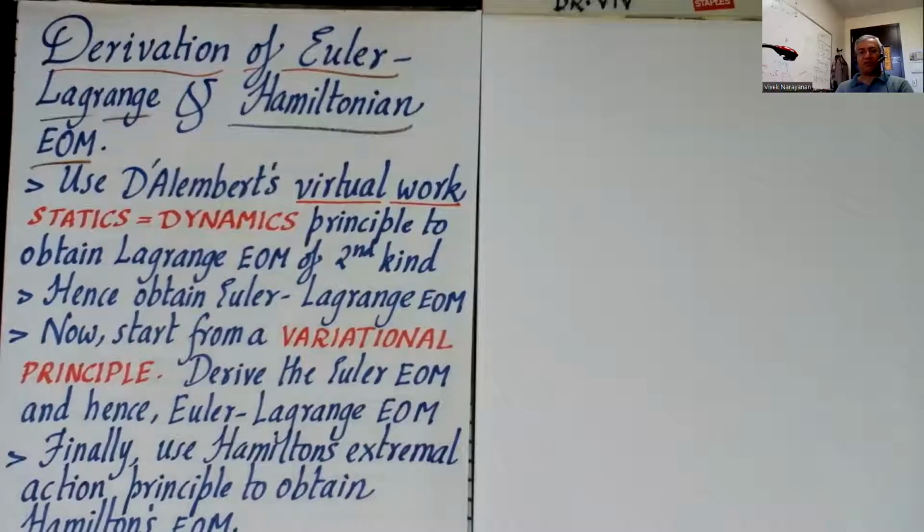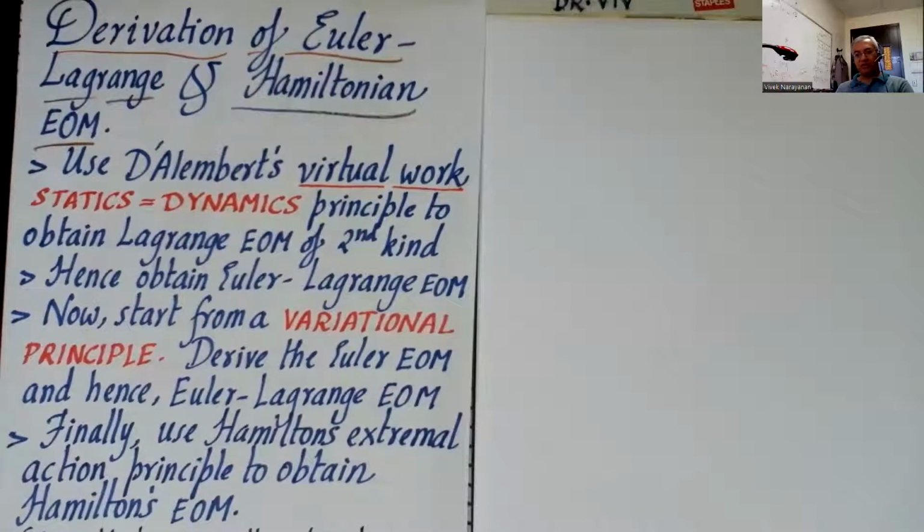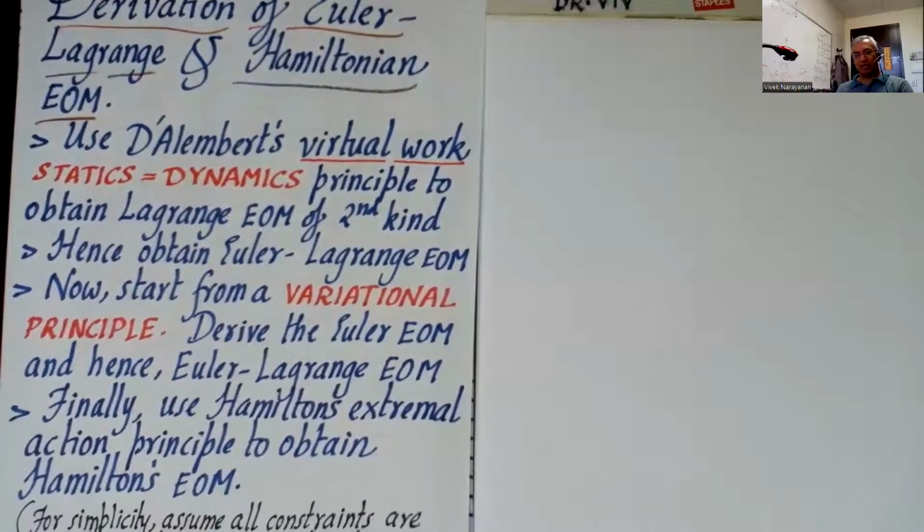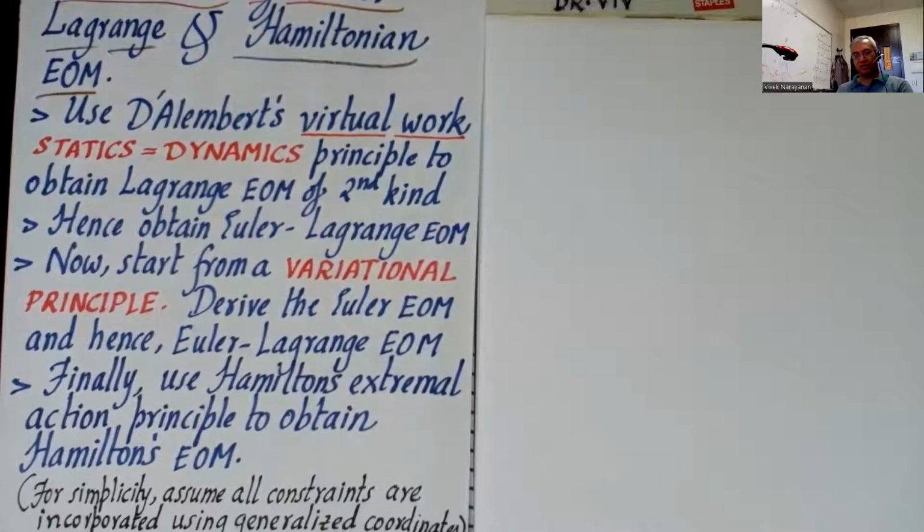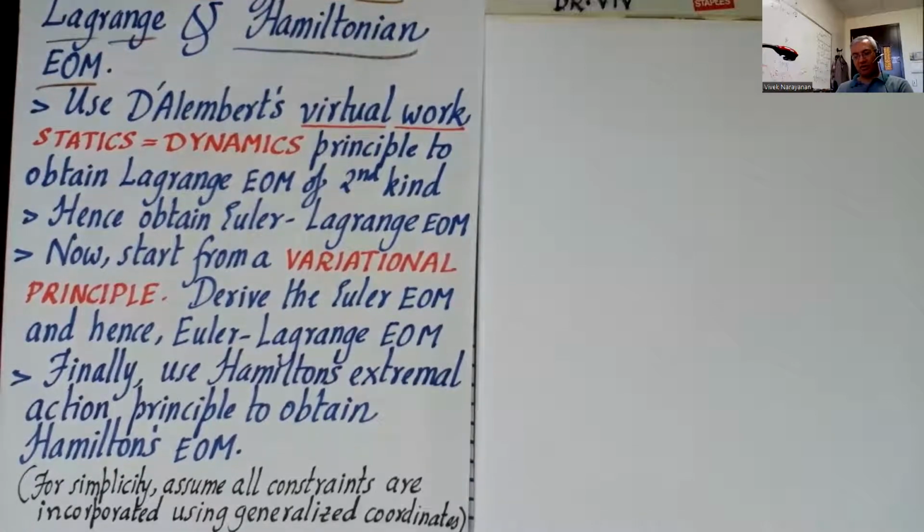Variational principles exist for almost all theories, including general relativity and various quantum field theories and string theories. So we want to put everything in a variational setup and get the Euler-Lagrange equation. This was done by Euler. And then we'll use Hamilton's extremal action principle to obtain Hamilton's equations of motion. Along the way, I'll talk about the various relationships between these.